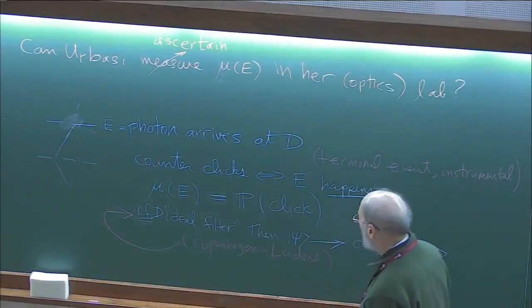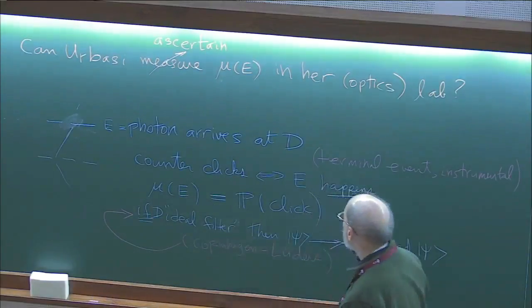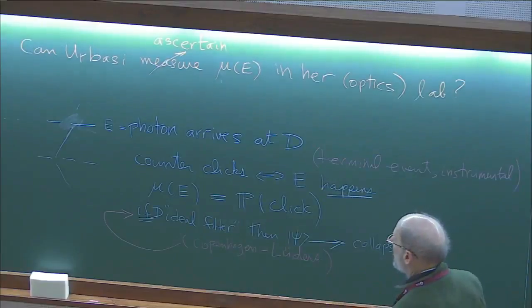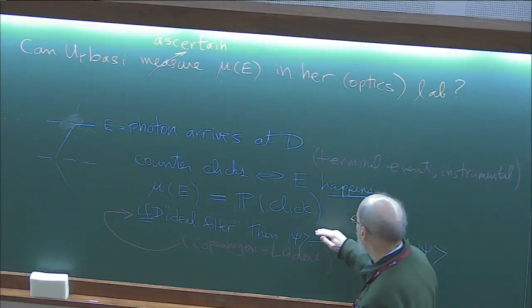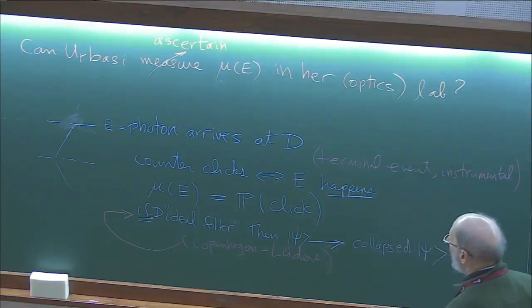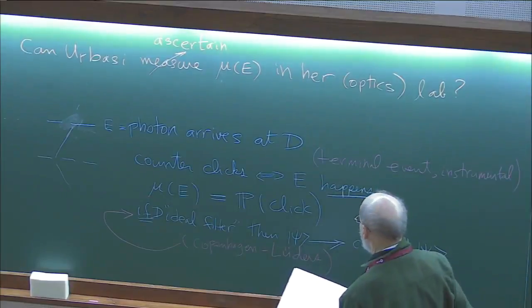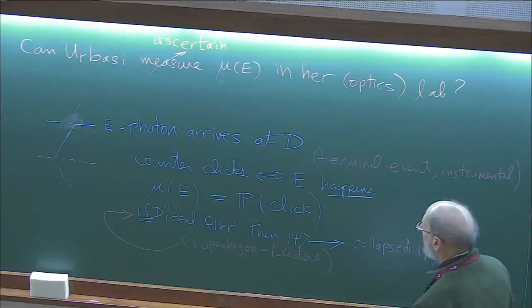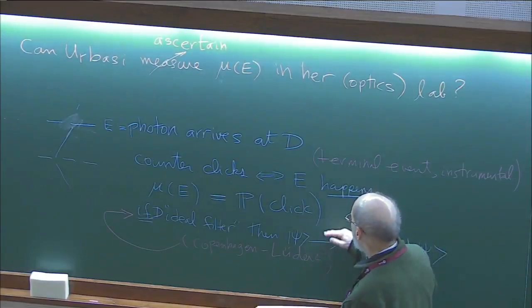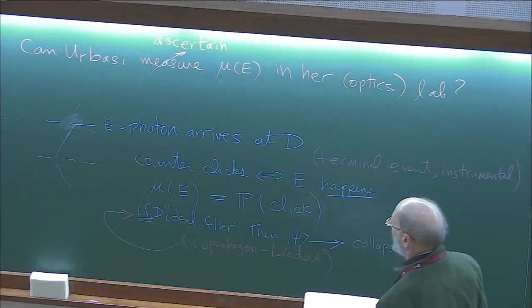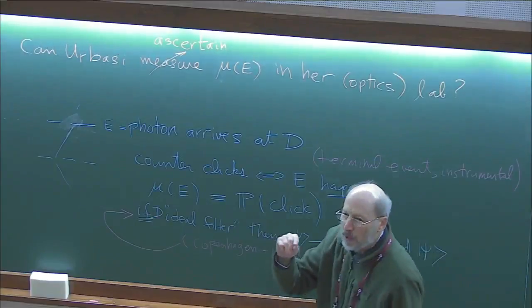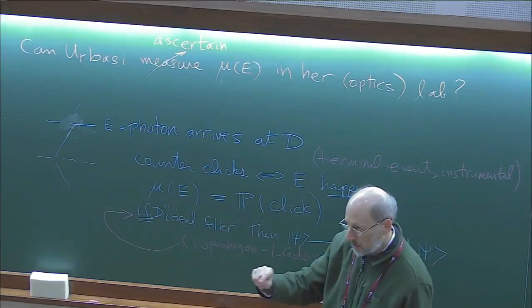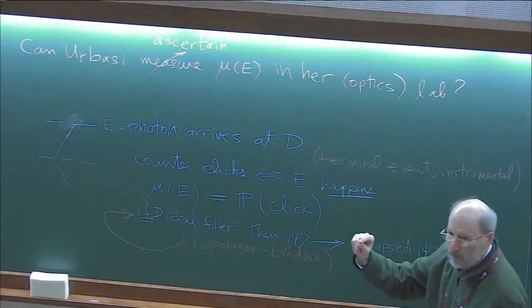So what we'll see is that in this more general setup, with the ancillas, there will be a final click event that can or cannot happen, which will just mean some final ancilla will either be in the upper beam or the lower beam. If it's in the upper beam, say it did happen.